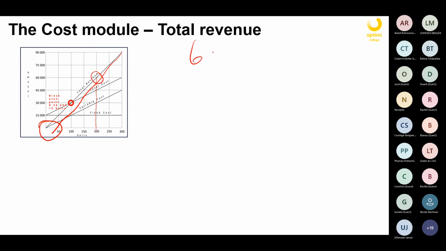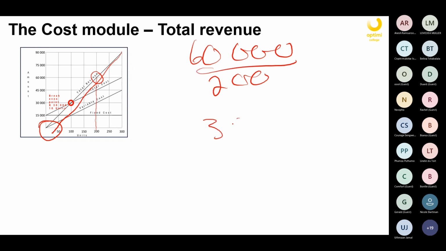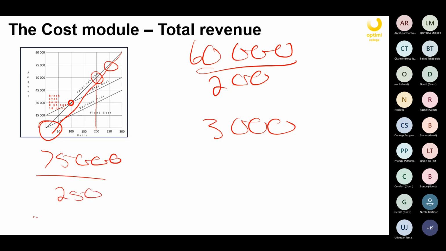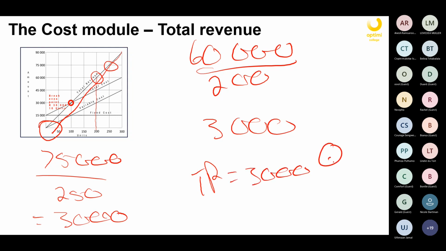So we take 60,000 divided by 200. That gives me 3,000. I could have also said over there, 75,000 divided by 250, which would also have given me 3,000. So my total revenue equals 3,000 Q.